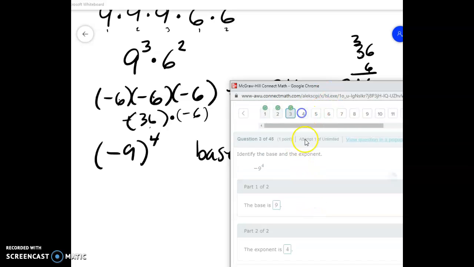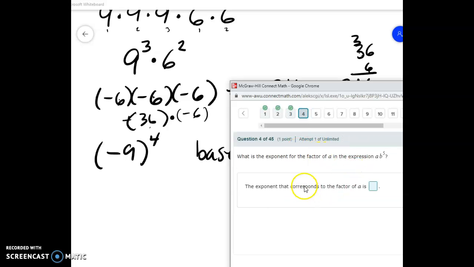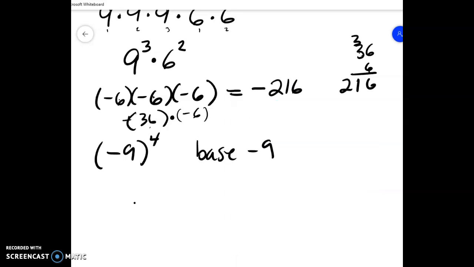And let's do one more. What is the exponent for the factor a in the expression a times b to the 5th? So when you do not see an exponent present, so let's say I have this. If you don't see an exponent present, then the exponent here is a 1. Not 0, not any other number, but it's 1.